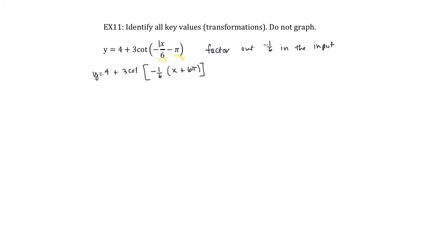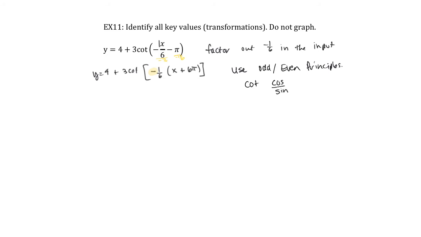Okay, now I need to really think about what's going on with this negative. I can't factor it out. Instead, what I need to do is simplify it using odd-even principles. So is cotangent odd or even? Well, let's see. Cotangent is the reciprocal of tangent. Sine over cosine is tangent, so it would be cosine over sine.